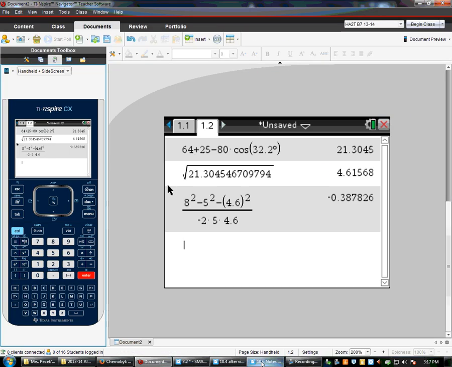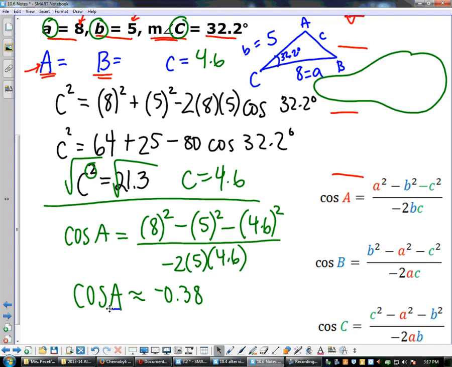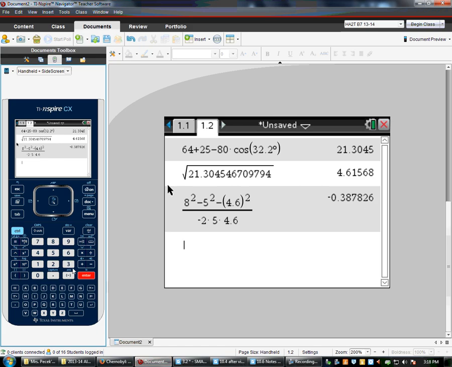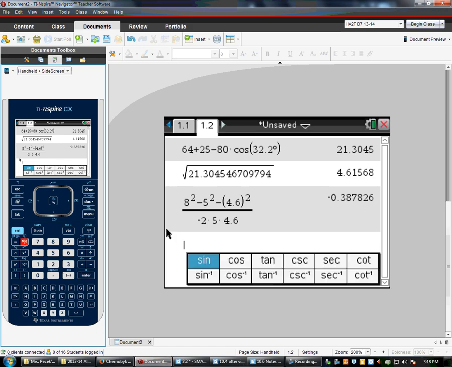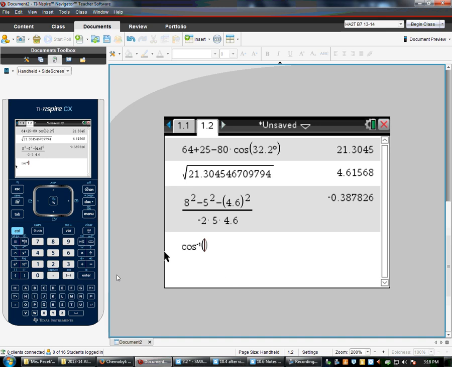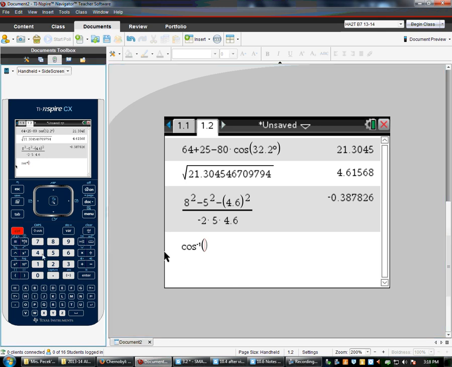Now to find angle A, I'm saying, what angle has a cosine, or an x value, equal to this? So to solve for angle A, we'll take cosine inverse of that -0.38. Now I'm not going to round here. I'll use the exact value from my calculator, just so I don't have to write the whole thing out right now. So I'll do cosine inverse, which is in the trig key, and then we're going to just copy down that answer we had from above, and we'll find out that our angle, well now it says 1.96.